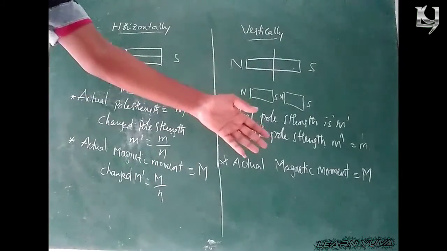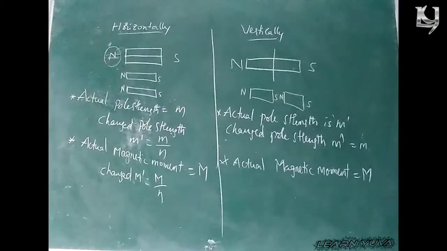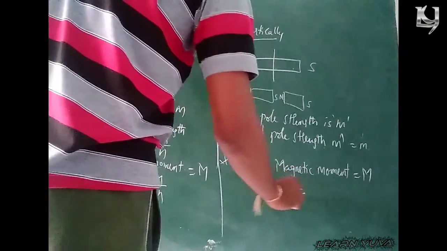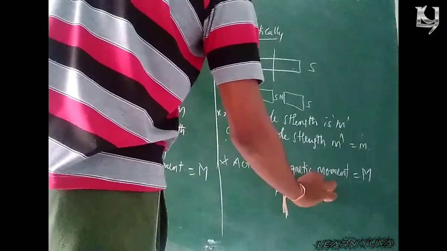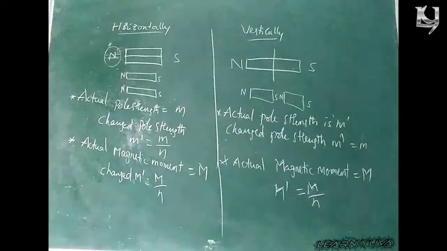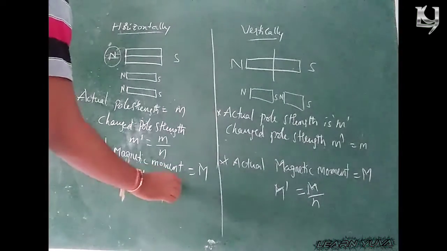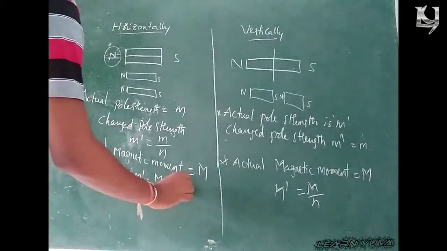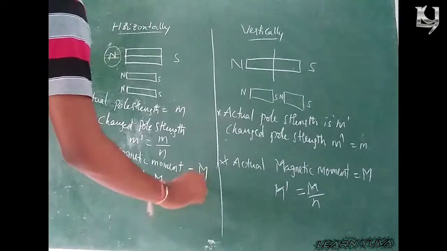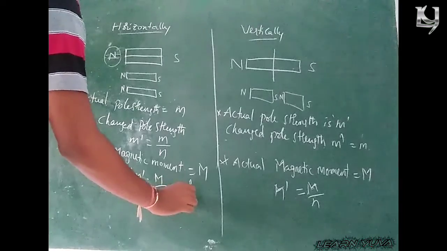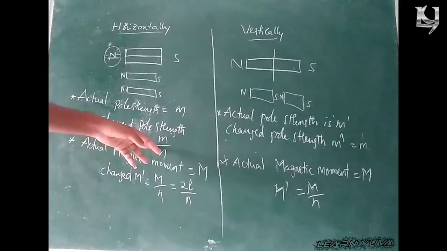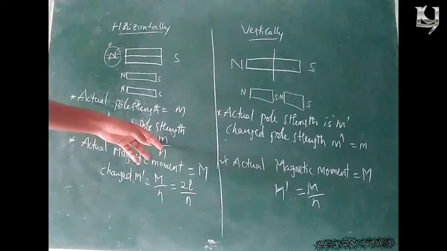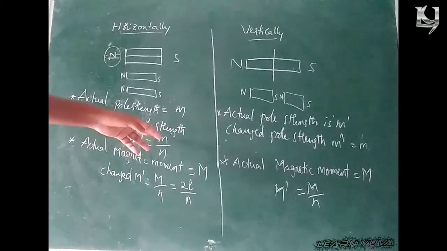Whereas in the vertically cut magnet, what happens to the magnetic moment? The actual magnetic moment is capital M. Here also the magnetic moment changes. The change in magnetic moment is M by N. Here also the magnetic moment changes, that is, capital M is 2L by N. Because the pole strength changes, the magnetic moment also changes.